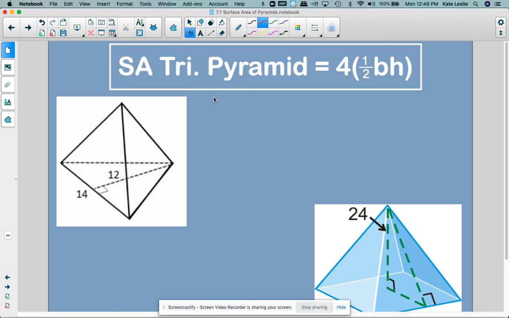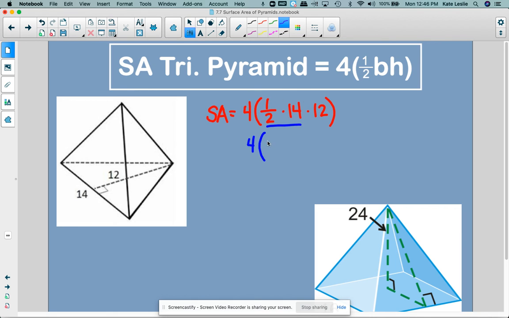Okay. All right. For this one, we have 4 times 1/2 times the base. The base, as you can see, is 14, and the height is 12. So what we need to do is find half of 14 first, which should be easy, nice and easy, even number.